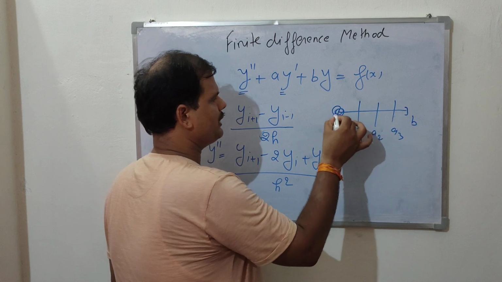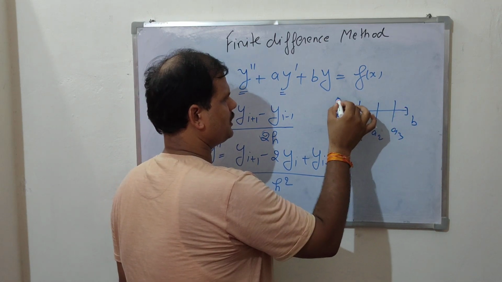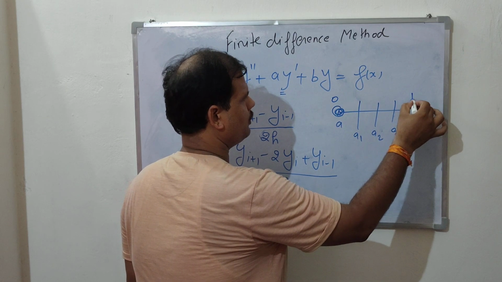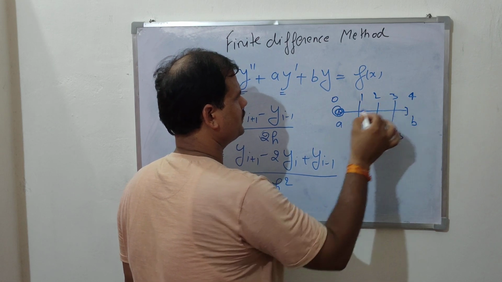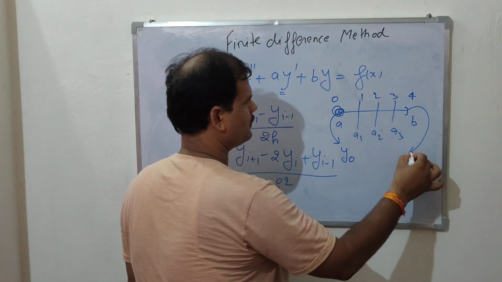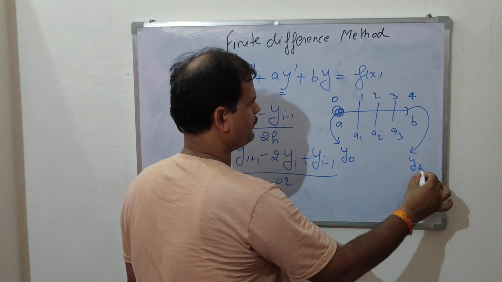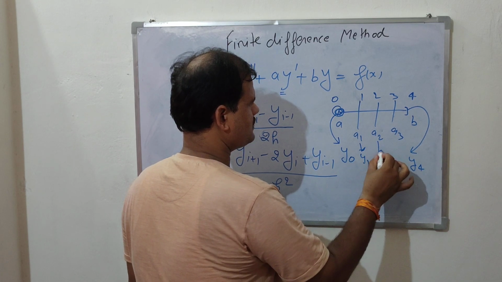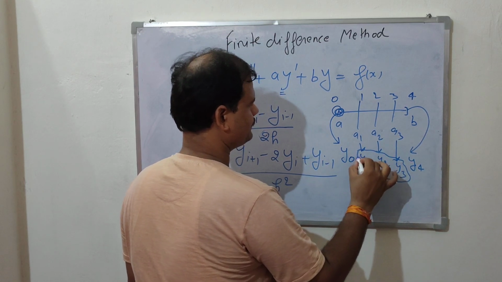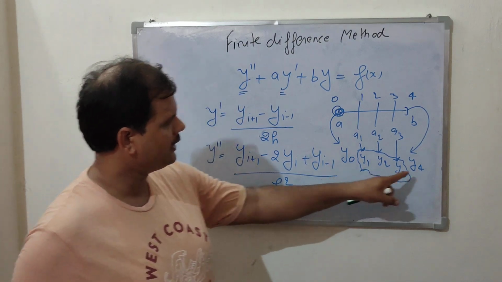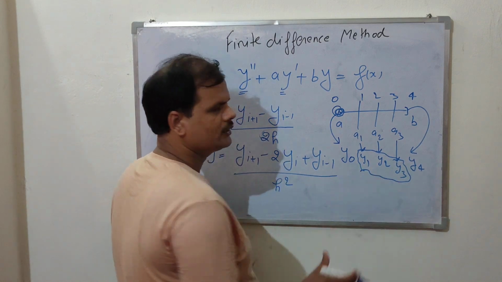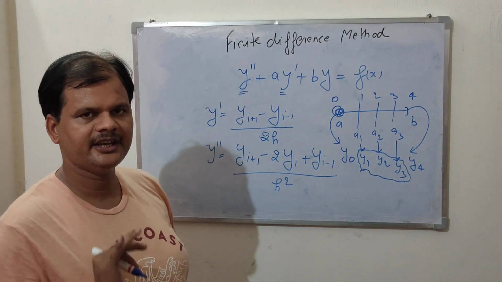Suppose the nodes are 0 to 4, so 1, 2, 3. The solution at the first point is called y0, at the last point y4, and then y1, y2 and y3. These three will be unknown, and y0 and y4 are known, that is the boundary condition. So for these three unknowns, we need three linear equations.